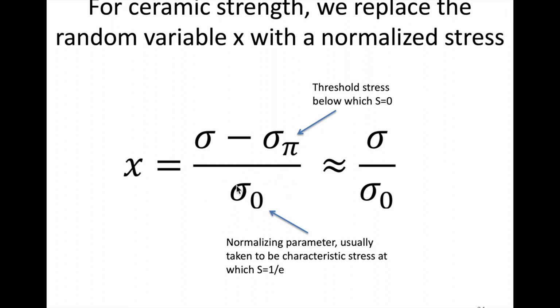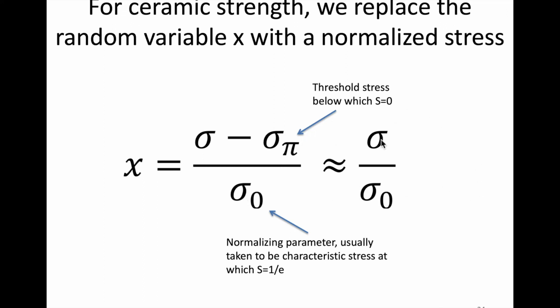And then the normalizing parameter here at the bottom is known as a characteristic stress value, and it's taken at a specific survival probability. Just like the average is taken at a certain value, this is at a certain value, and the survival probability is 1 over e. So this is a given survival probability, the stress value will be this, and this is our characteristic stress.